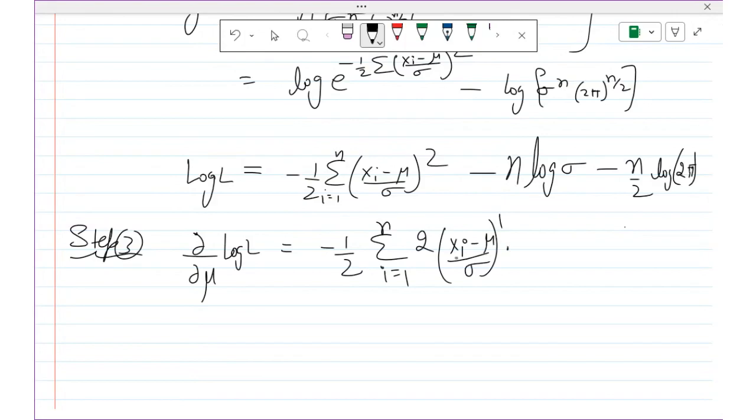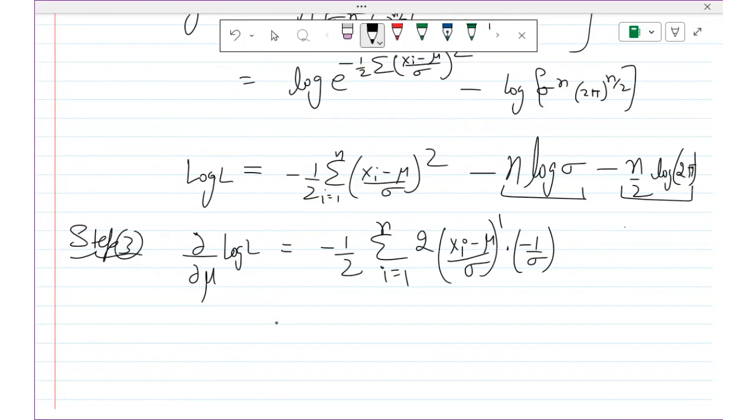Derivative of xi with respect to mu is 0, derivative of mu with respect to mu is 1, so we get here minus 1 upon sigma. And this term does not contain mu, this term also does not contain mu, so the derivative of each is 0.